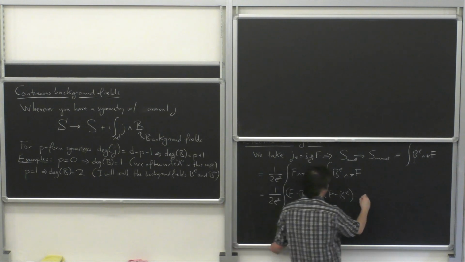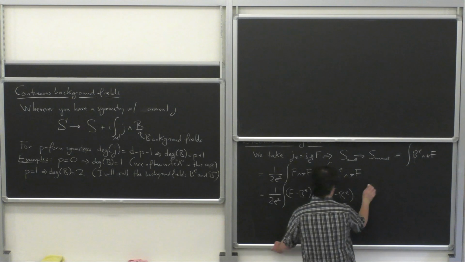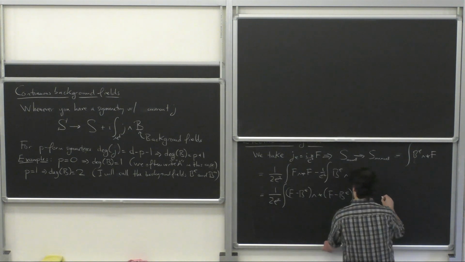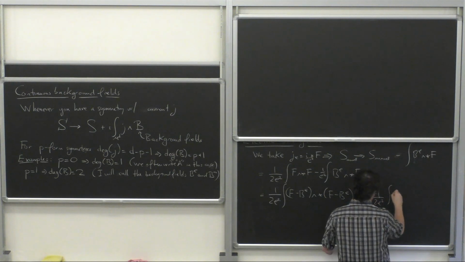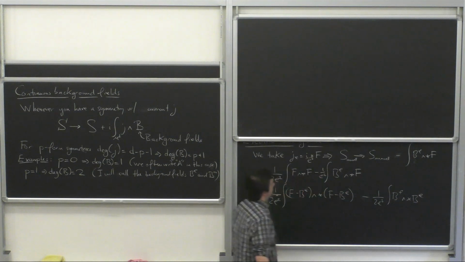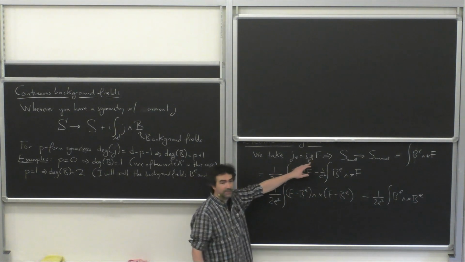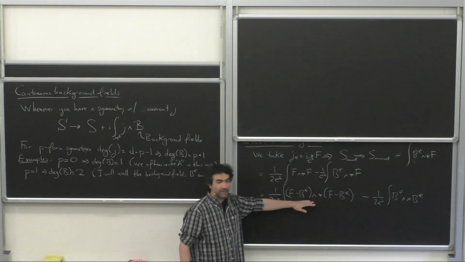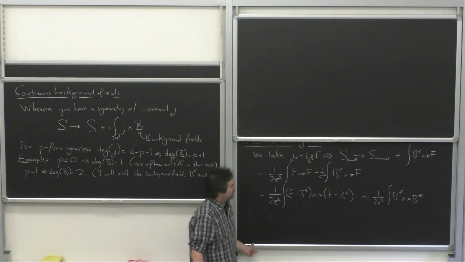And then there's a term that I missed, which is, let's see, minus 1 over 2e squared integral of B wedge star B. Okay. So hopefully I got the algebra right. The signs, or the factors, are not super important. This is where I want to end up, so define B in such a way that this formula is the correct one at the end.